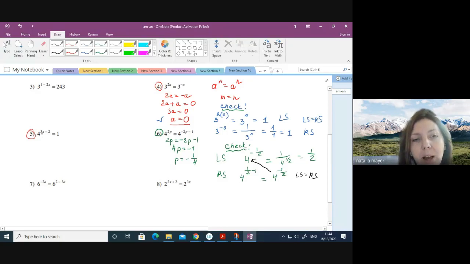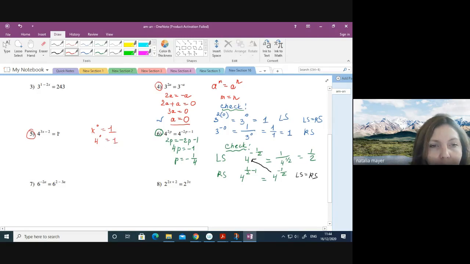So remember that 4 to a power with a variable can never be changed. You will not be able to change this. But 1 is a very nice number. It can become anything. We know that anything to the power of 0 is going to be 1. So we need the base of 4. That's why we are going to use 4 to the power of 0 is equal to 1. So I'm going to replace this 1 with 4 to the power of 0.